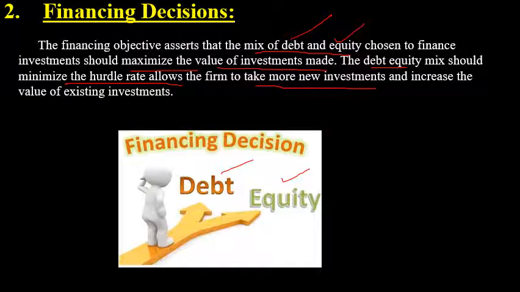The hurdle rate allows the firm to take more new investment decisions, which means they can expand their business, start new branches, and increase the value of their present investments. So there should be a combination between debt and equity.